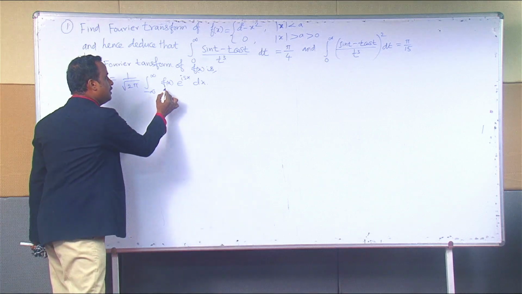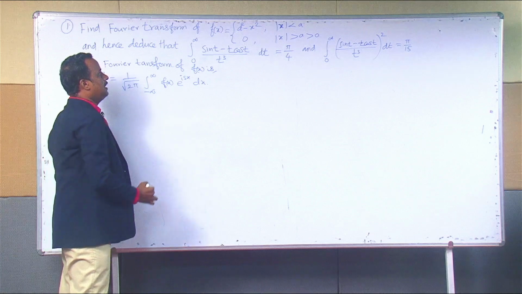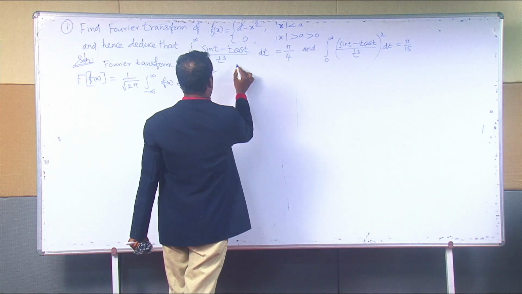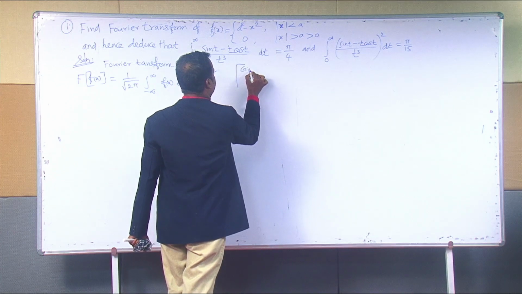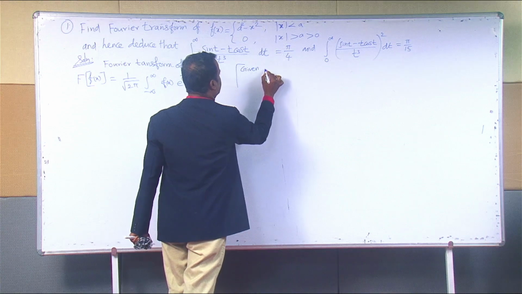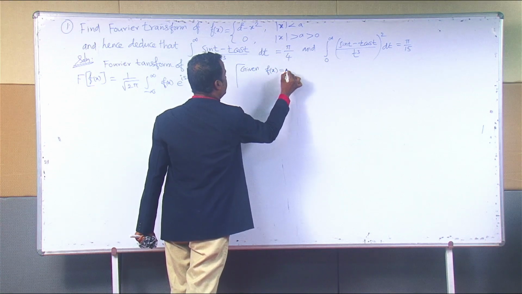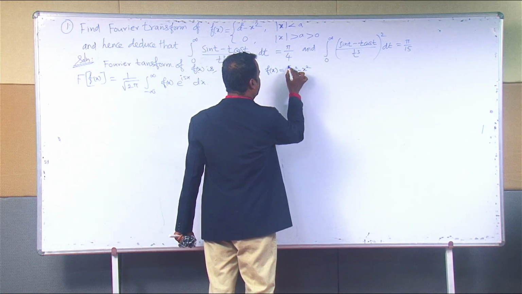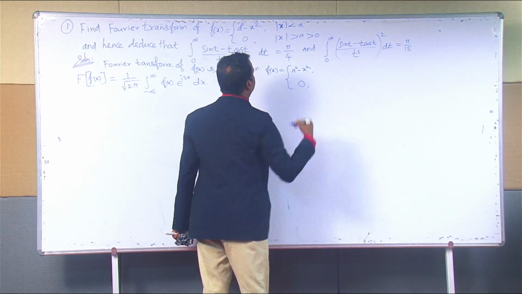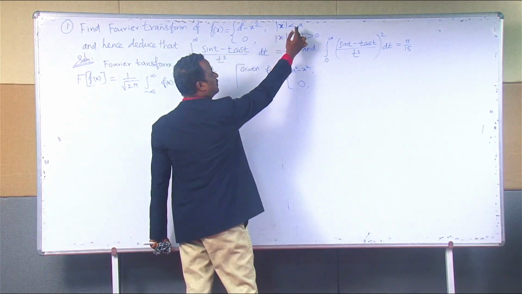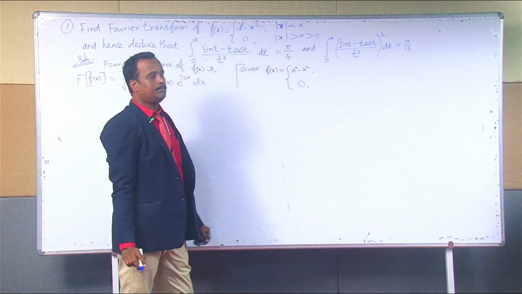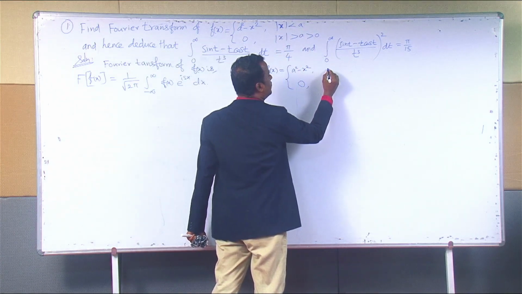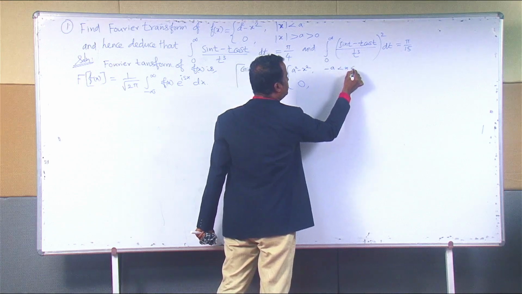Now we are going to apply the given f of x here. The given function can be written as a square minus x square when modulus of x is less than a, which can be written as minus a less than x less than plus a.